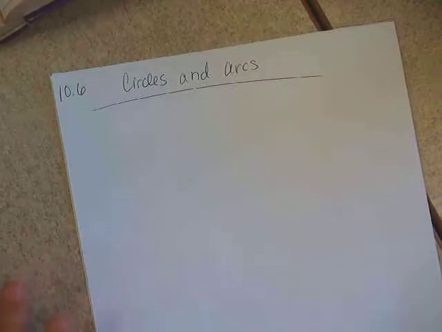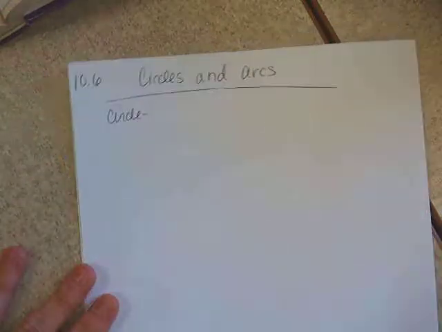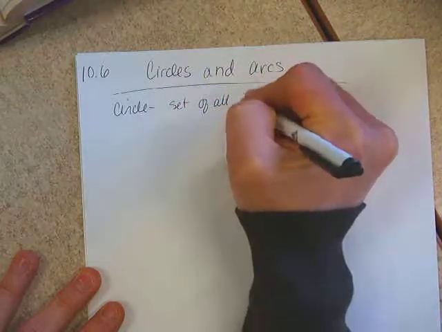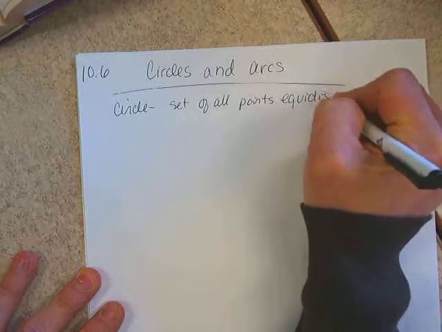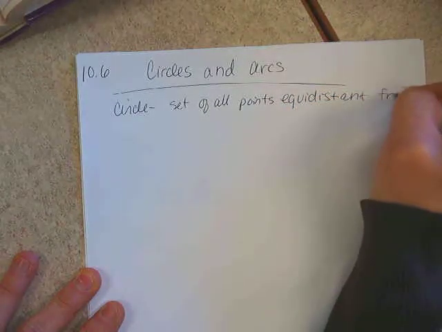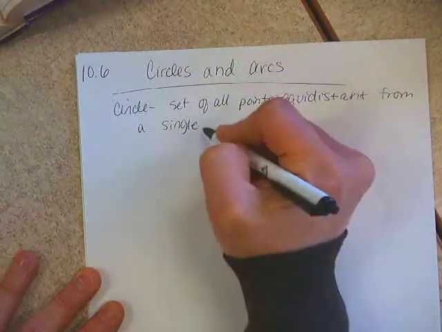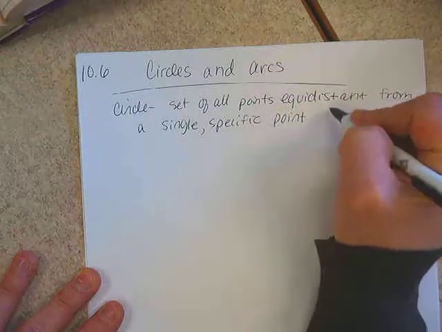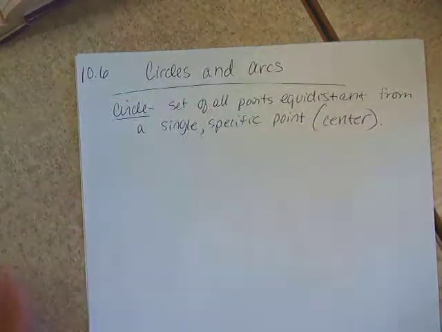Vocab that we need to talk about, or you need to know. Obviously, you know what a circle looks like, but a circle is the set of all points equidistant from a single specific point, which is the center of the circle.